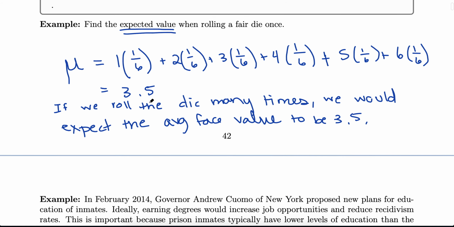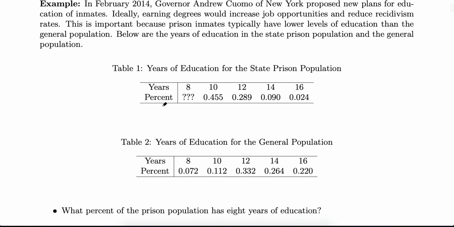All right, let's try one more in a slightly different context. So here we're looking at New York and looking at the population in the prison and the general population and comparing levels of education.